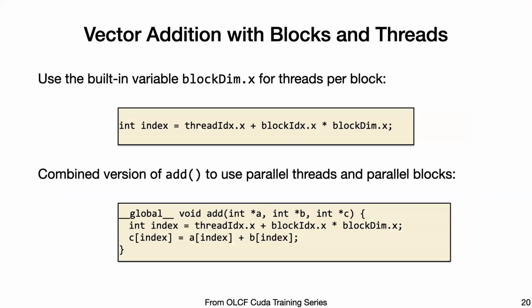These are built in: blockIdx, threadIdx, and also blockDim, which is the number of threads in the block. That's another global variable, or you could define it outside, at the top of your C++, with a define for the number of threads, and use that also. Then if you combine both threads and blocks in add, you would have to use this global indexing to find your global index into your vector.